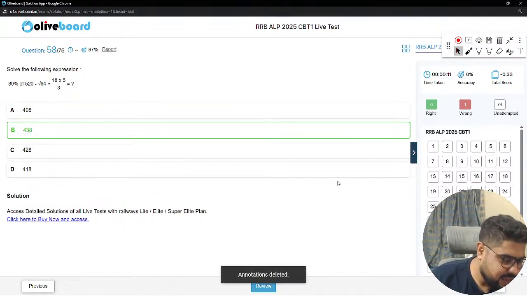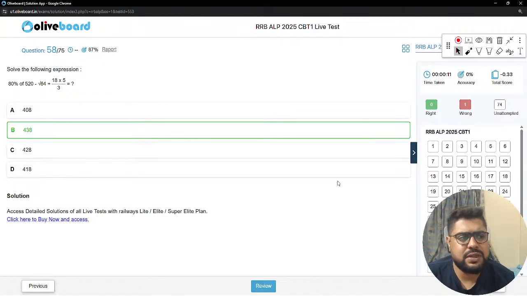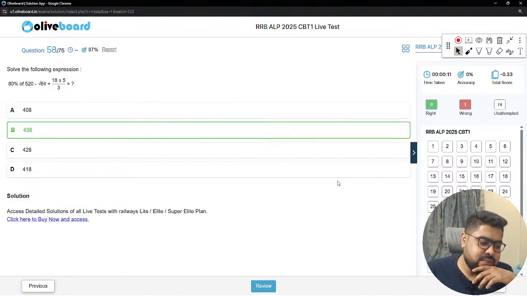Perfect. Then I gave JE on 72nd and the answer key was out. Prathamesh, you are asking about the CBT2 of the ALP. I thought we were talking about the mocks. Those things come out very quickly. Honestly speaking, if you go through some trusted websites, you will get an idea.